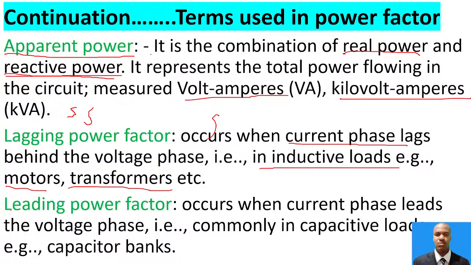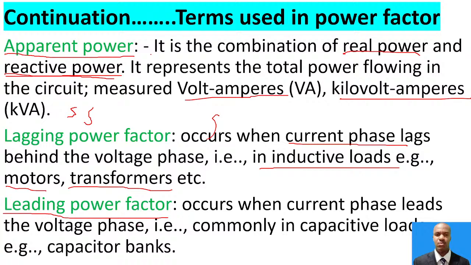Then we have the other term as the leading power factor, and this one occurs when the current leads voltage. Or you can also say it occurs when voltage lags behind the current.